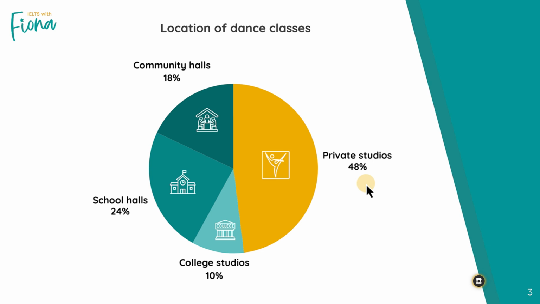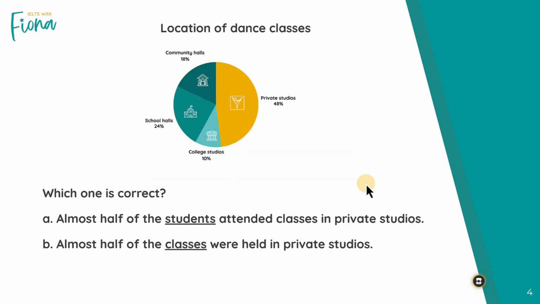But I'd like to know how you would describe that almost half of the pie chart. Here are 2 options and please tell me which one is correct. They are both grammatically correct, but this is the area where I see lots of people get very mixed up. So listen carefully. Remember, the pie chart has 48% private studios.